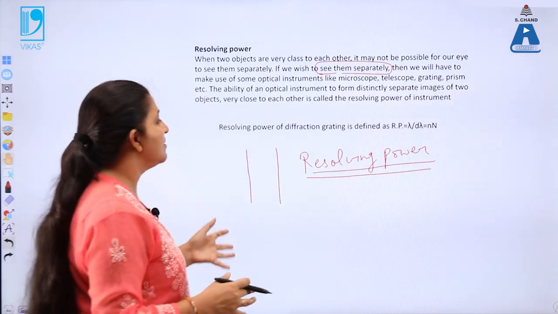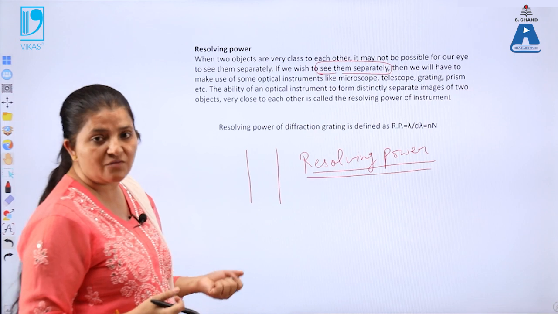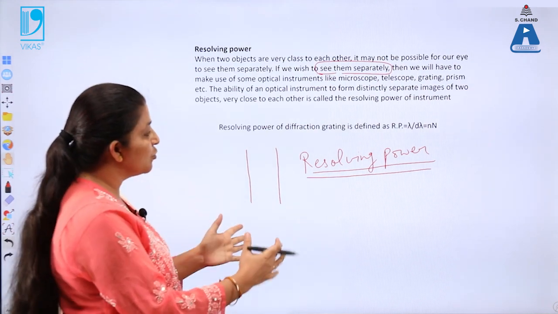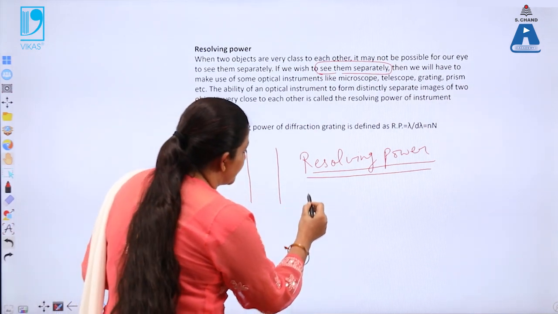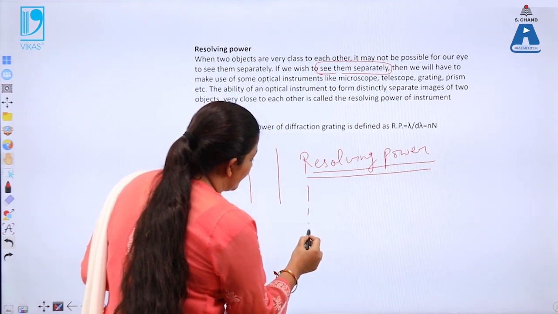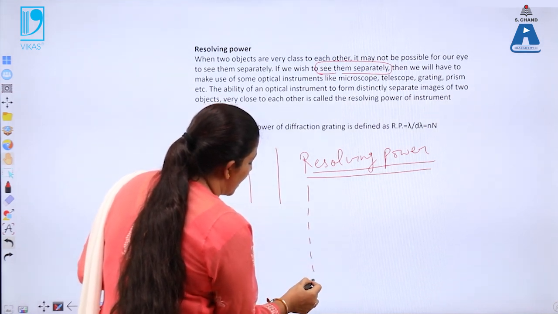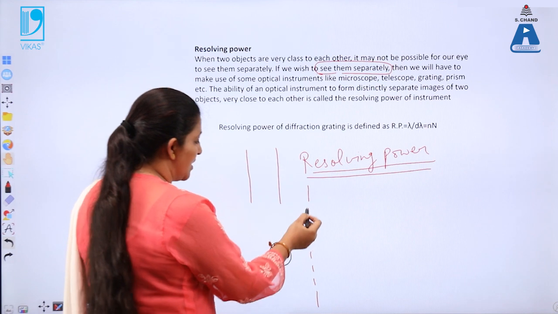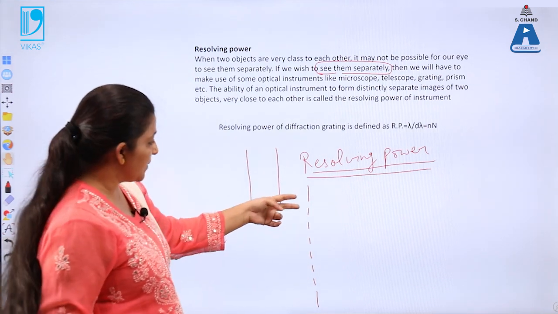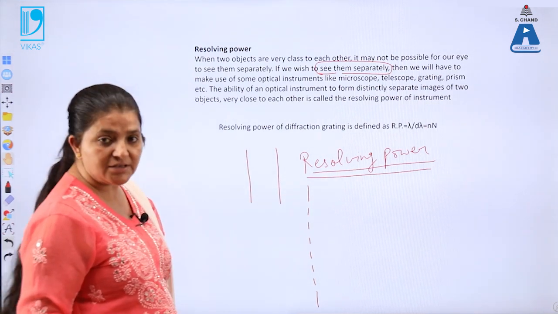In a similar way, the diffraction grating has some resolving power. We know that in a diffraction grating, there are a large number of slits placed parallel to each other, and the separation between every slit is constant.